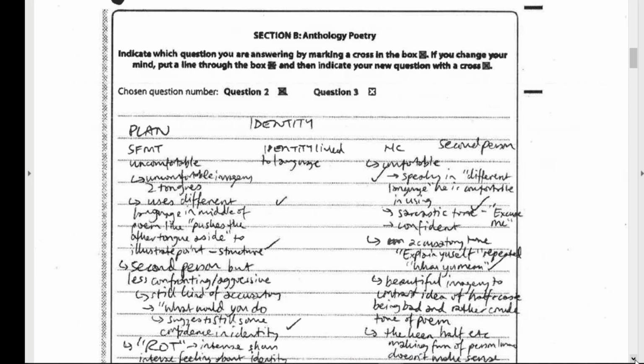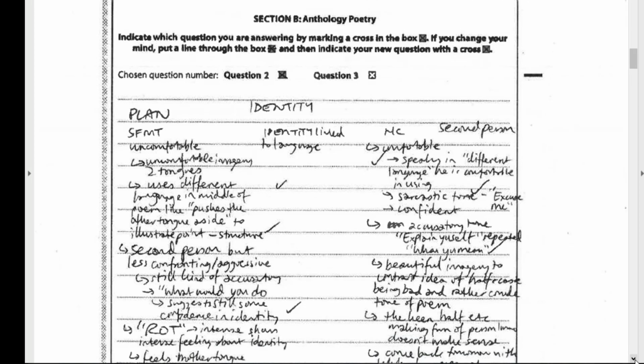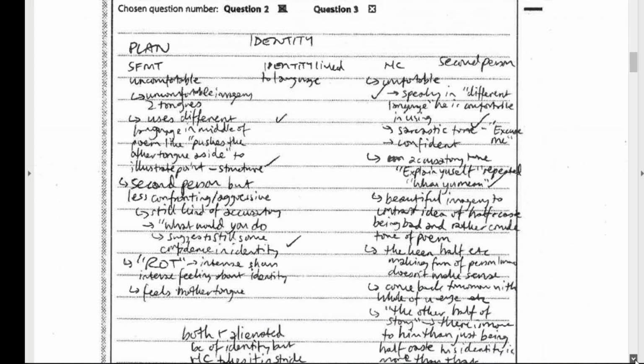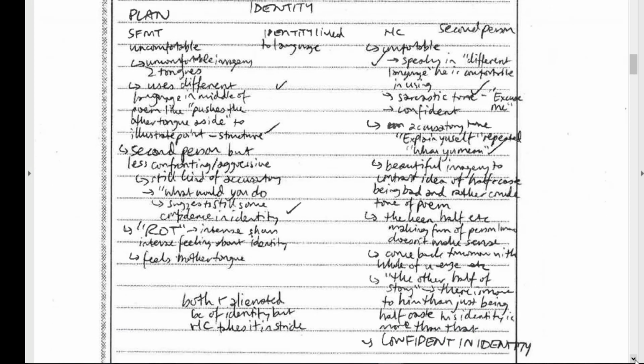So if you did print these off, I should just scroll through and then I'll just talk about it. So this one has got a very good plan. I think that's one of the reasons why I wanted to look at it, and it's why it's relevant to both question 5 and the poetry comparison.